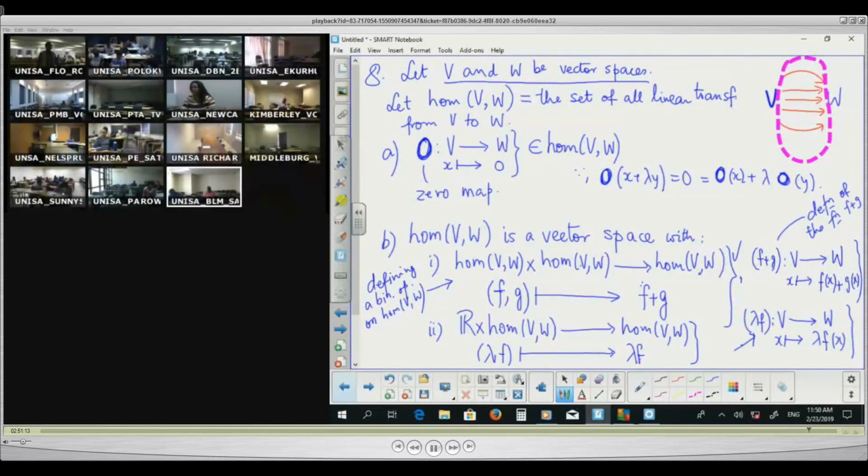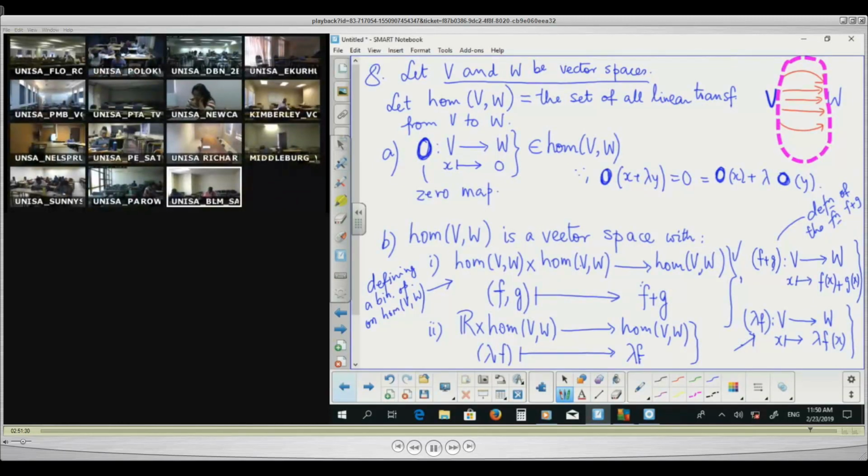On the same number G, that's on the 8 on number G. You said Hom(V, W), I believe that's a set.